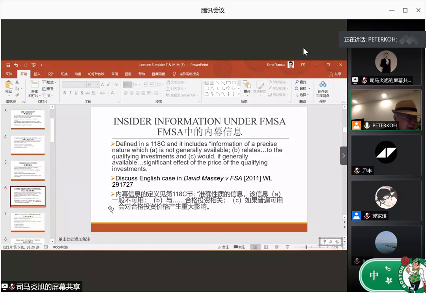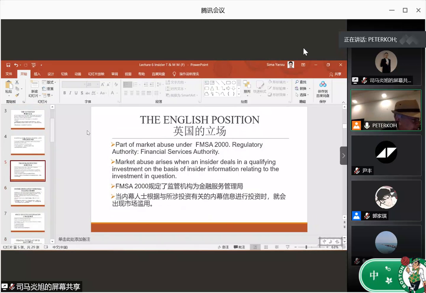Now, let's talk about the English positions. The English positions. Just now is the American positions. We have to know a little bit about the English position. Now, many of you, including 3 of my former students from Renta, are now working in Hong Kong. Hong Kong is based on 英国公司法, right?